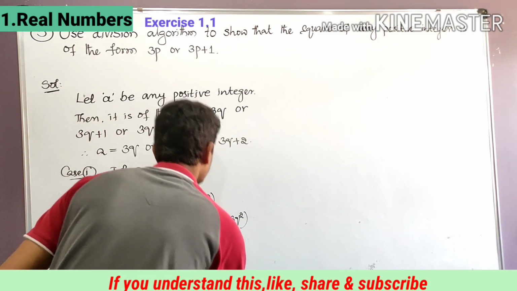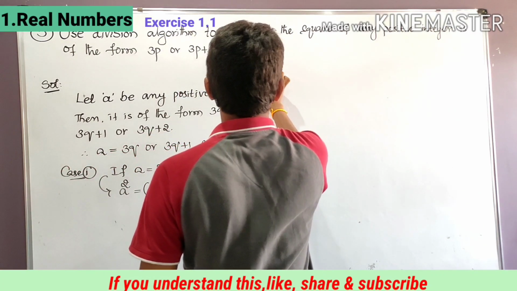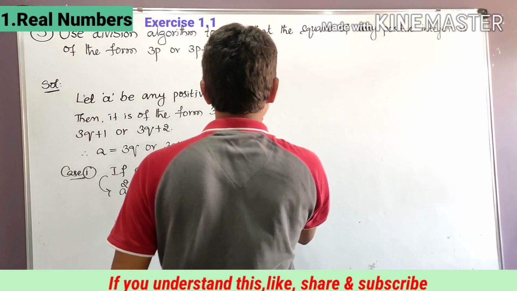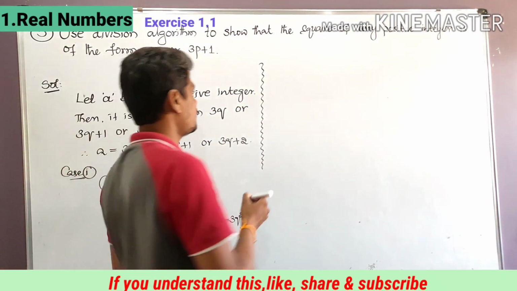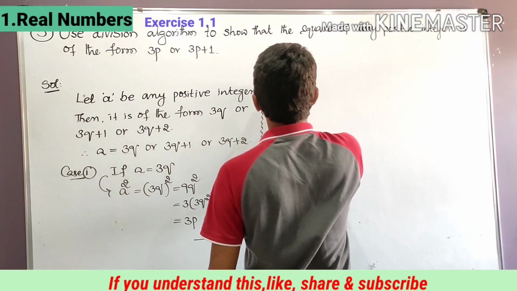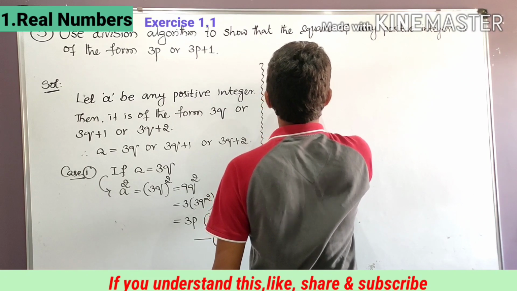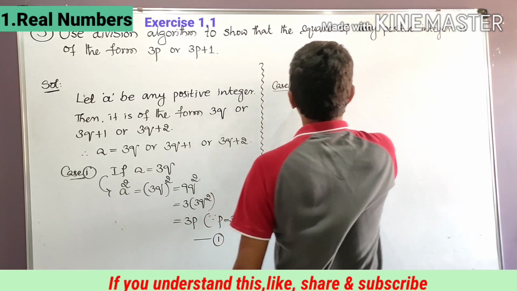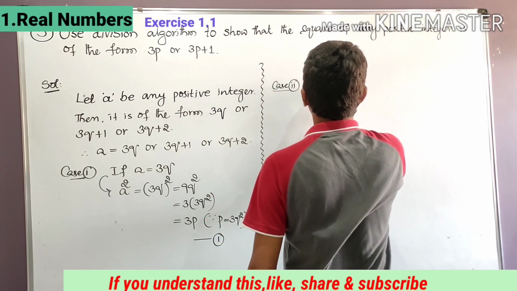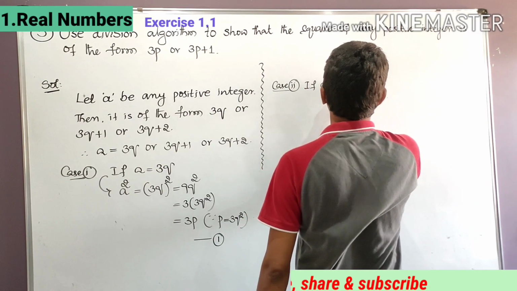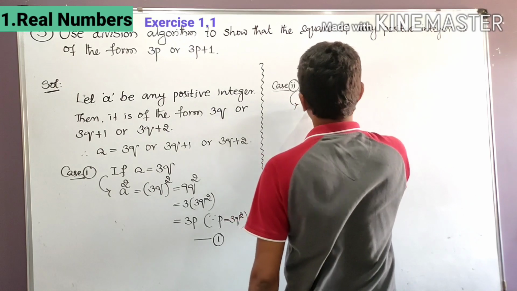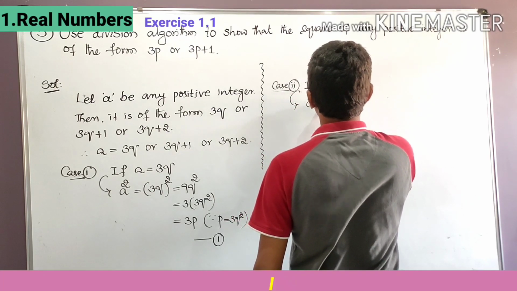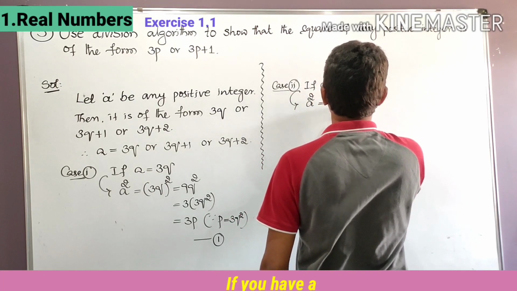Again we have to take the second case. By taking a is equal to 3q plus 1, we have to prove a square is of the form either 3p or 3p plus 1, student. In case 2, if a is equal to 3q plus 1, by squaring on both sides we get a square is equal to 3q plus 1 whole square.